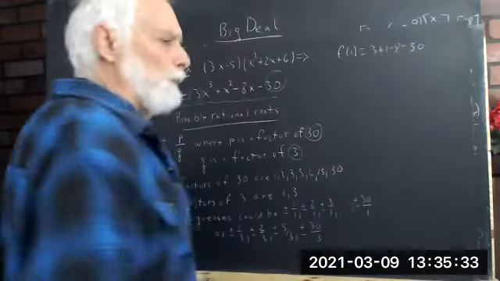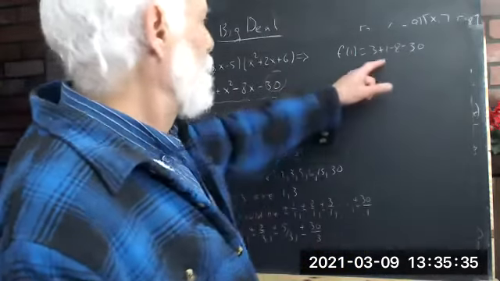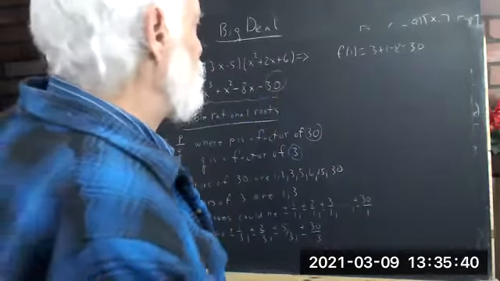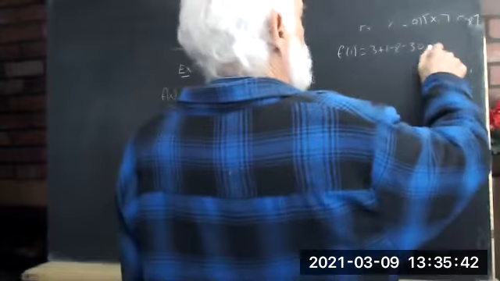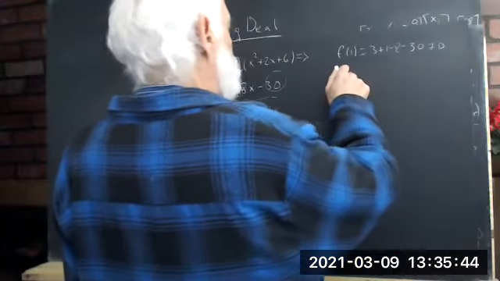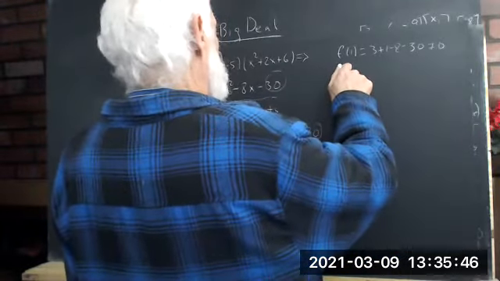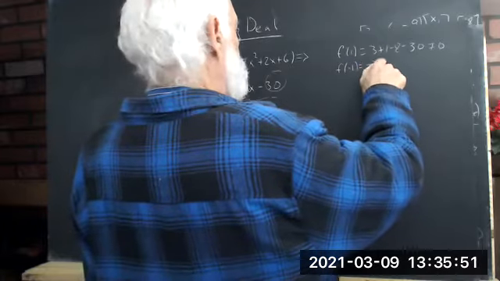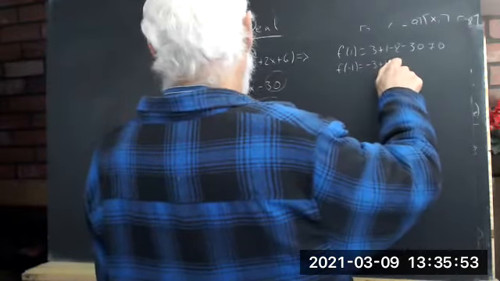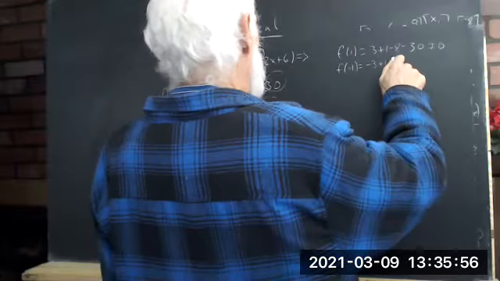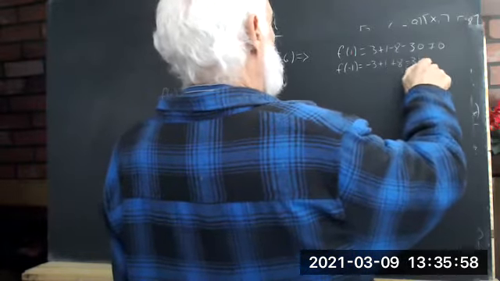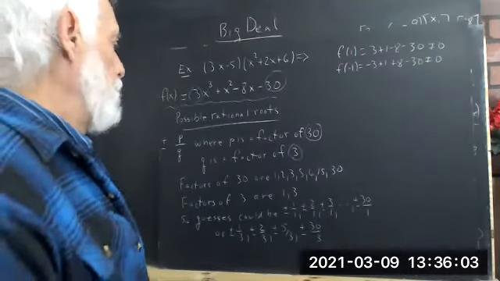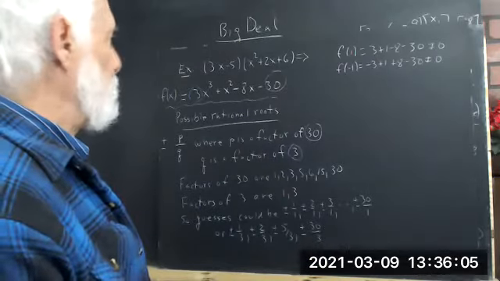And 1 is too small because your -8 and your -30 just kind of overwhelm the rest of the numbers. And this is not equal to 0. And f of -1 isn't equal to 0. So that isn't any good.